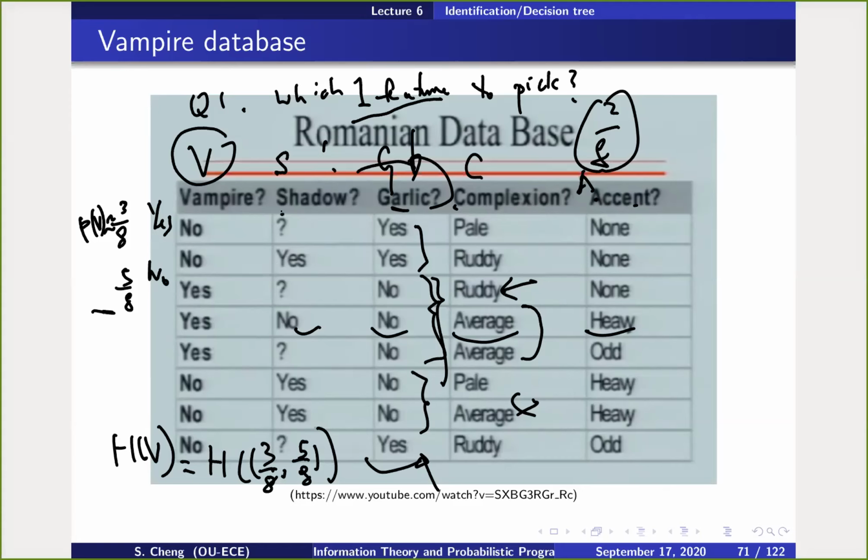Now, given that each of these features is known, the amount of uncertainty about whether someone is a vampire will decrease, right? Or I will get more certain about whether someone is a vampire.